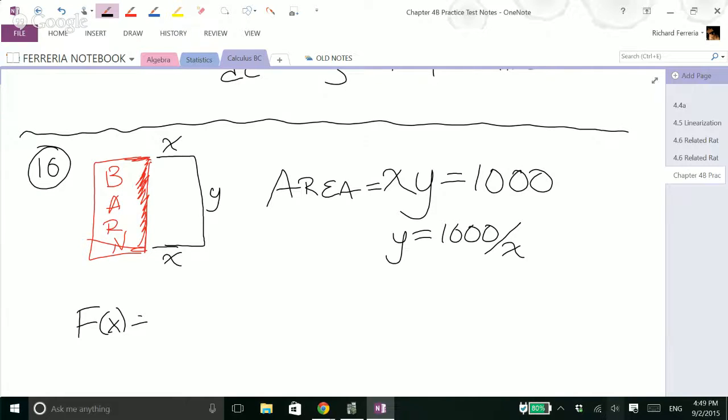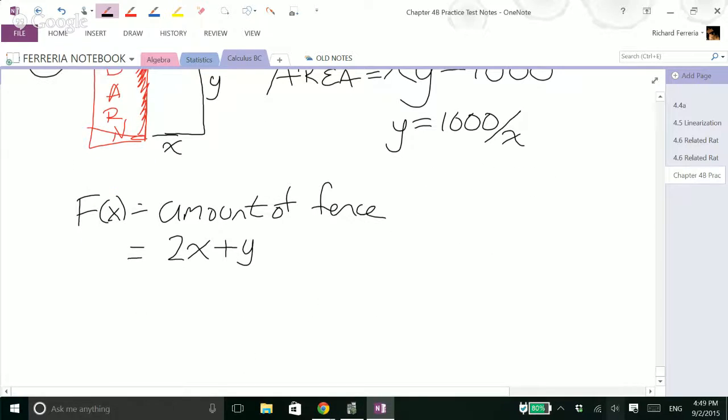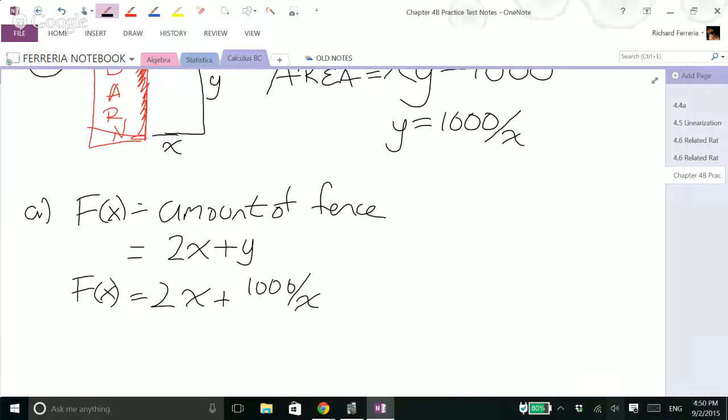Can I get an equation for f of x? 2x plus y. Let's substitute: 2x plus 1,000 over x. We want to minimize this, right?